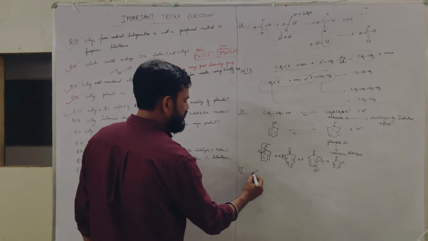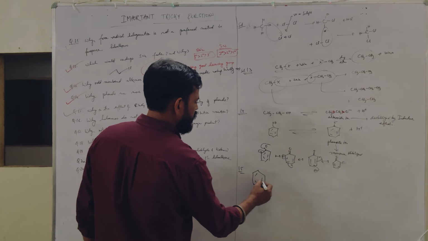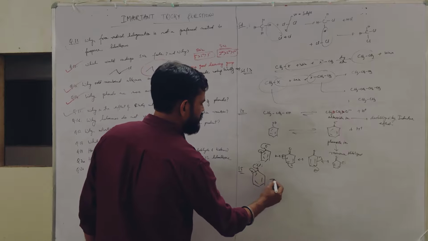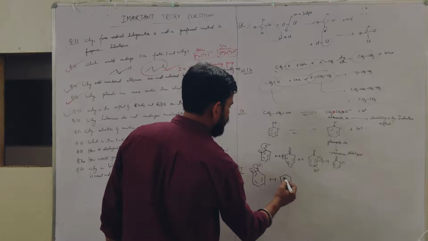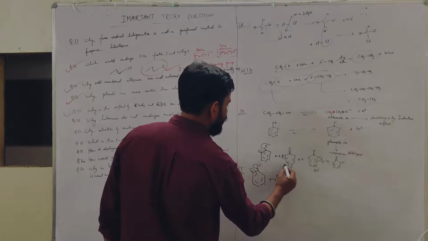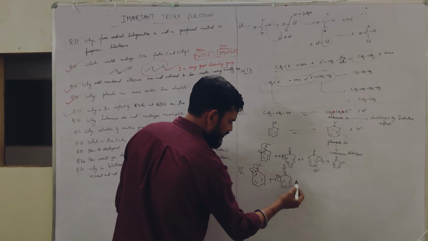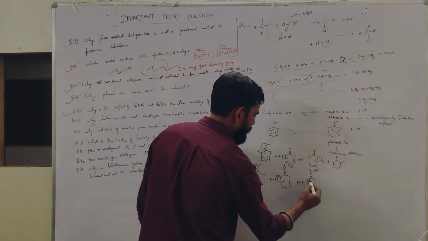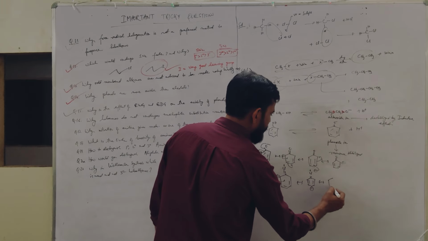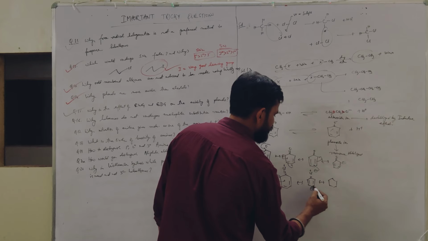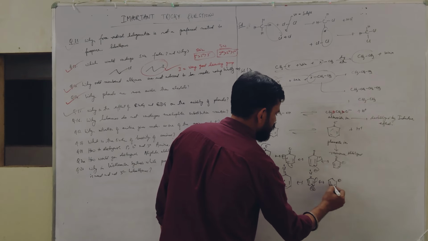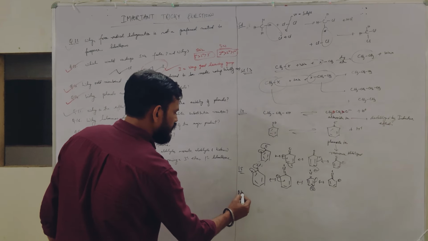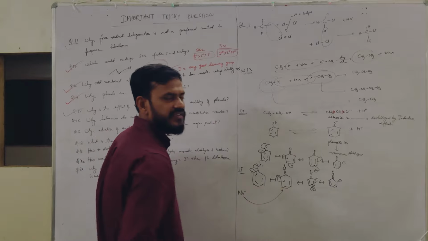You see, haloarenes have their electrons revolving in the ring by resonance effect, and because of this resonance, a nucleophile which is willing to attack gets repelled.